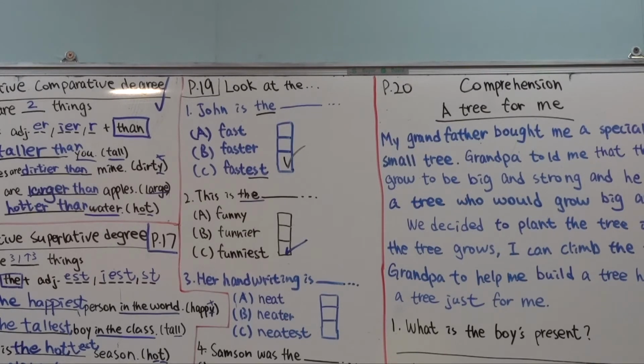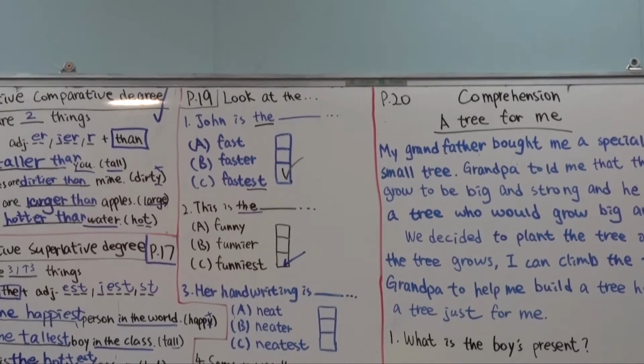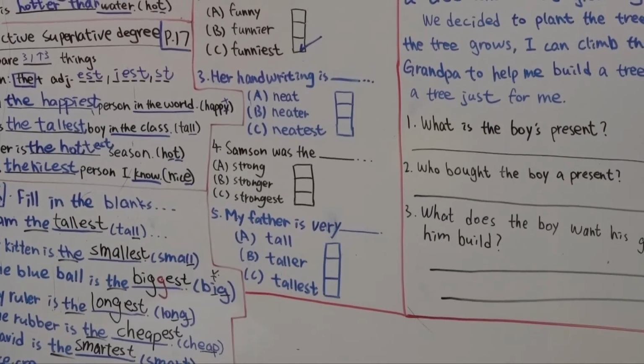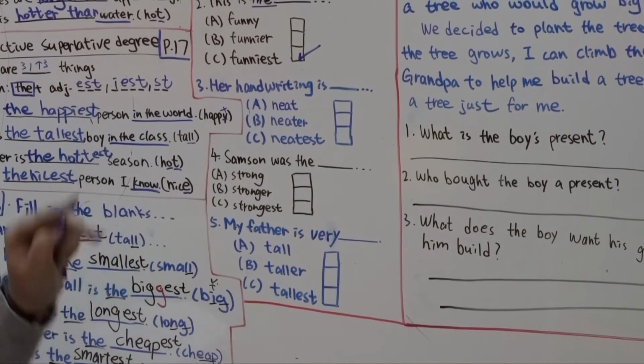Number 3 to 5, you do it by yourself. 1 minute starts now. Remember to look at the question. Okay, remember to read.